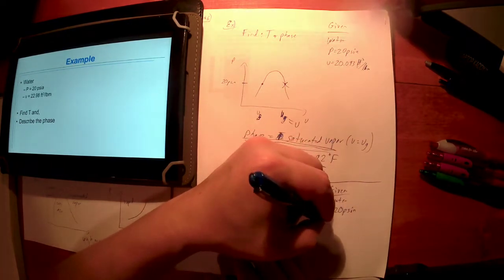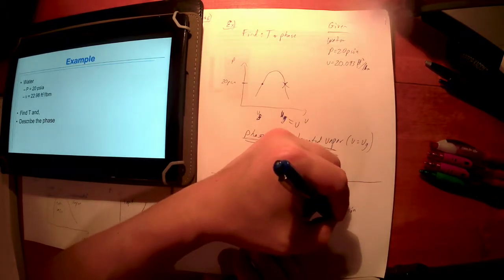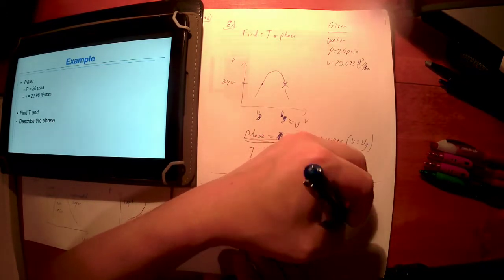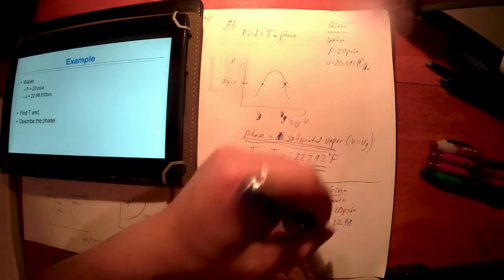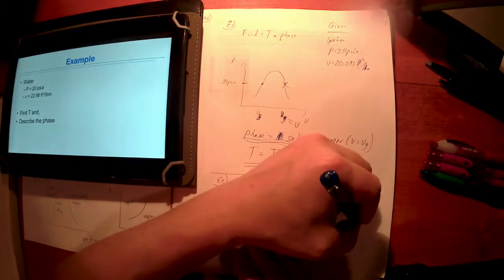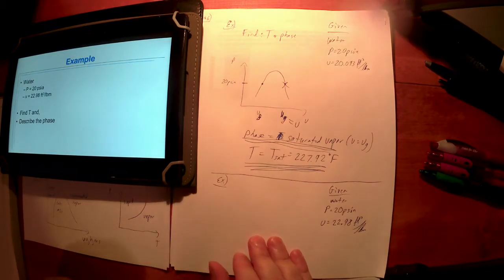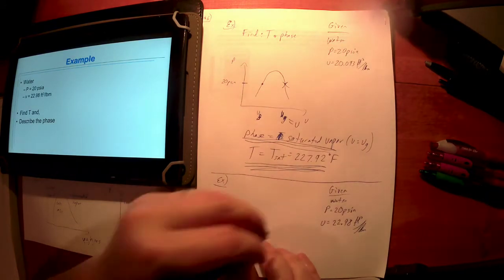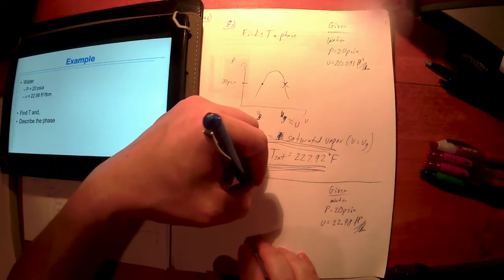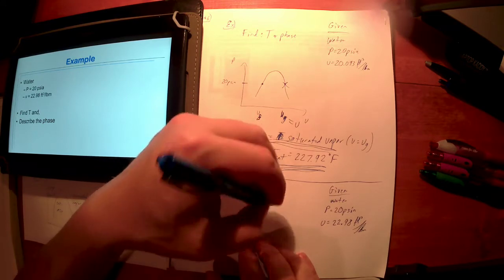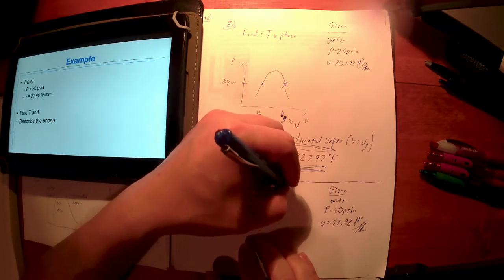And I've got another very specific volume value. They're not normally that detailed, but this one is 22.98 cubic feet per pound mass. And again, they want us to find the temperature and the phase.